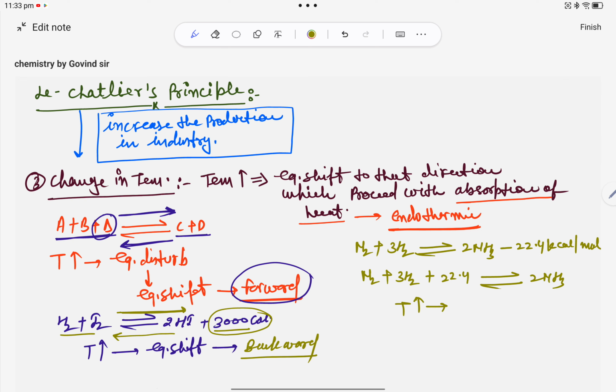Here N2 and H2 take heat, then ammonia is formed. So which direction? Forward direction. So if you want to form the maximum amount of ammonia, then high temperature is required, because in the forward direction ammonia will be formed.